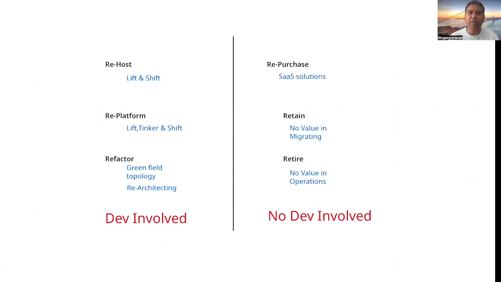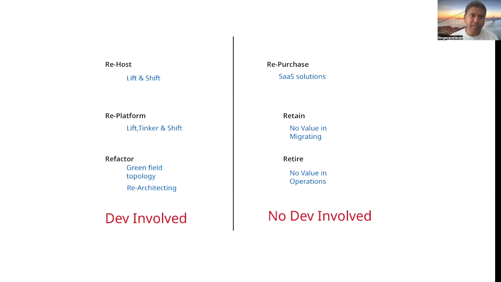The second option on this side, or probably the fifth option that we are going to look at, is replatform, where you lift your application, tinker it to quickly adapt to certain cloud-based functionalities like auto scaling, and then shift it to the cloud. So here, instead of directly deploying your local deployable war, jar, or any other executable, you take that and make certain modifications.